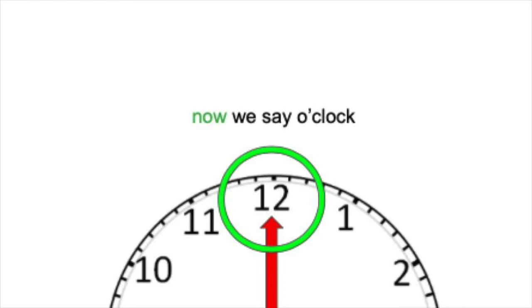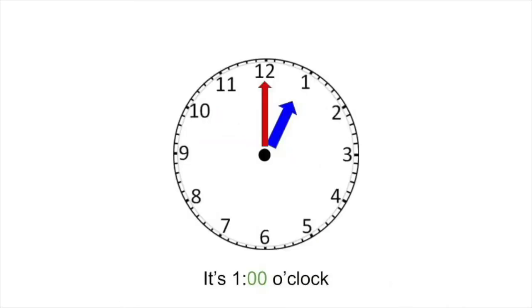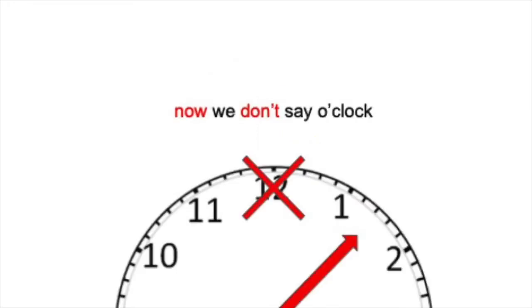So, this one would be 1 o'clock. And this one would be 2 o'clock, 3 o'clock, and so on. If the minute hand does not point at the 12, it isn't a full hour, and we don't say o'clock.